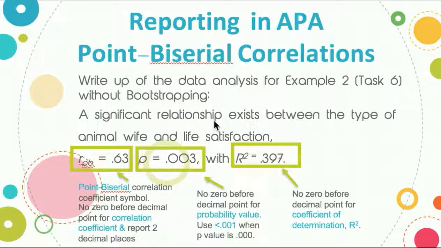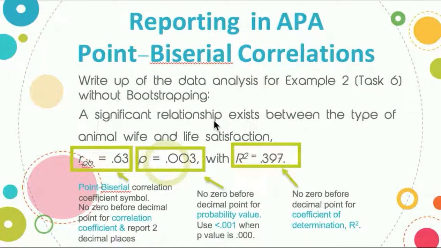And then I went ahead and calculated the coefficient of determination, or R squared, and that tells you your variability. And so what you do is you look at R being 0.63. Well, you can calculate the variability in life satisfaction that is shared with the type of animal wife a person is married to. And you do this by squaring R to get 0.397.